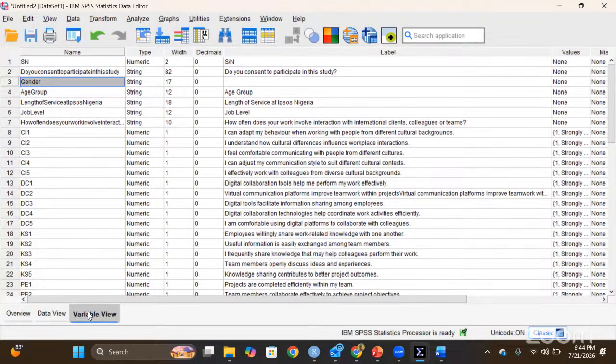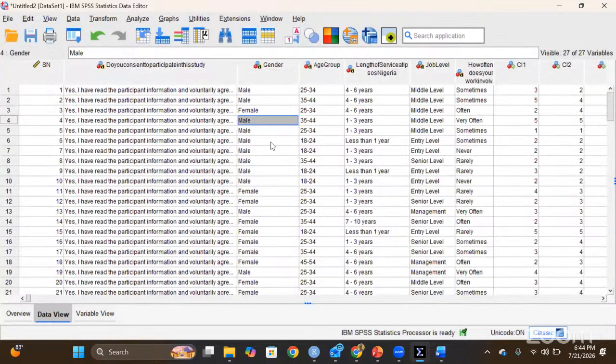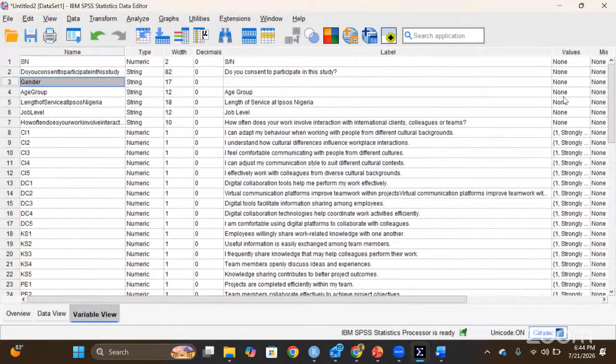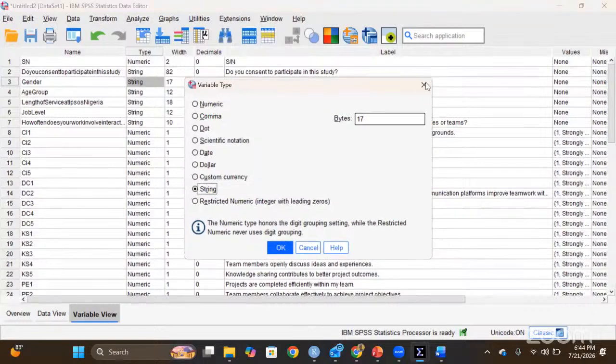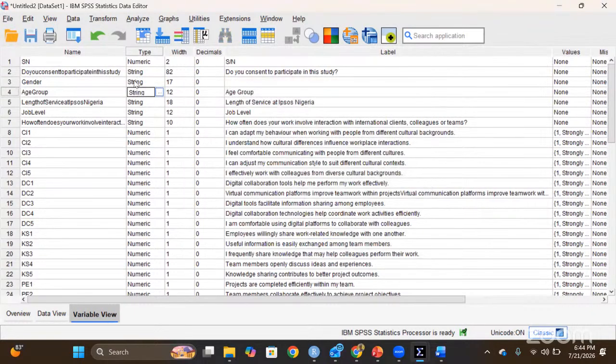Labels. So the problem with gender is that the data was not collected in number format, so you cannot come to SPSS and change it to number. It's already in string. But when we collected all of our dimensions, you see that we collected them in numbers. That's why we're able to code them here.